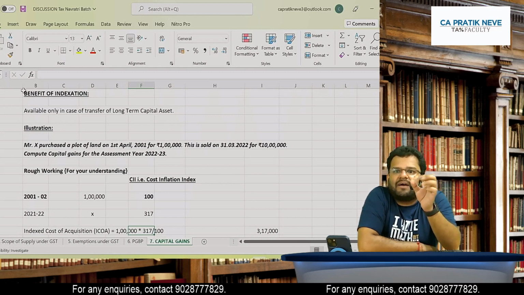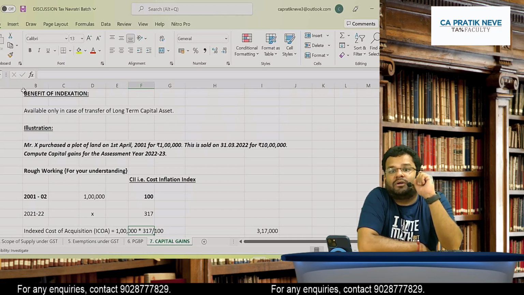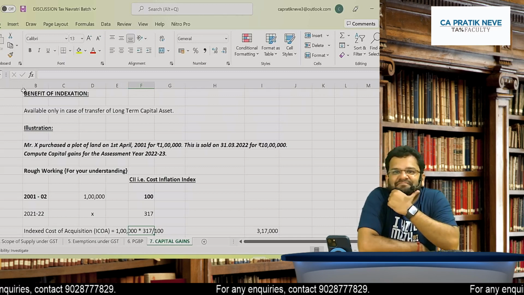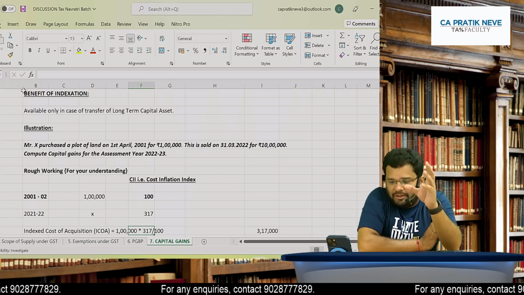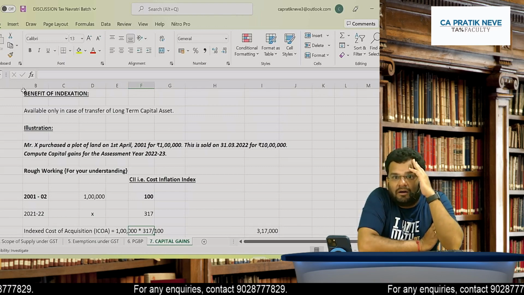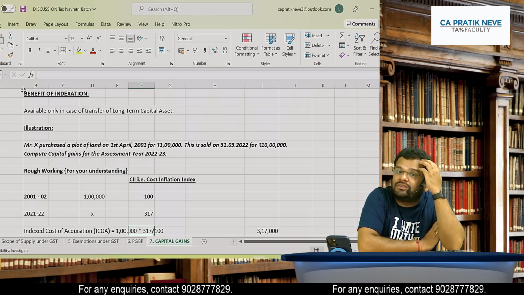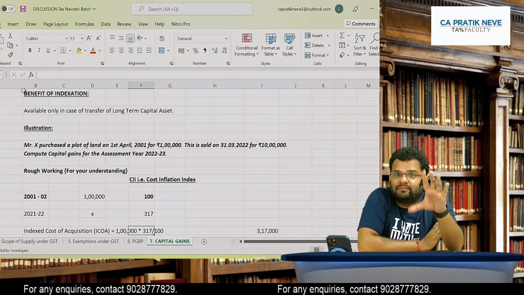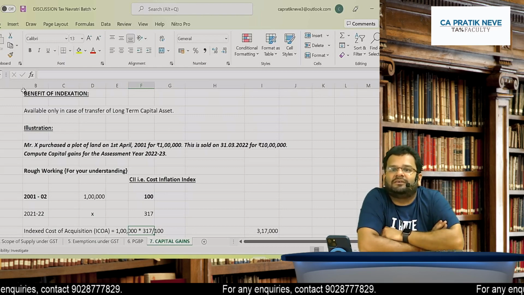You know CII for 2001-2 is 100. And tell me what is CII for the 2021-22 financial year? 317. So logic is simple. What was for 100 in 2001-2, today it is for 317.